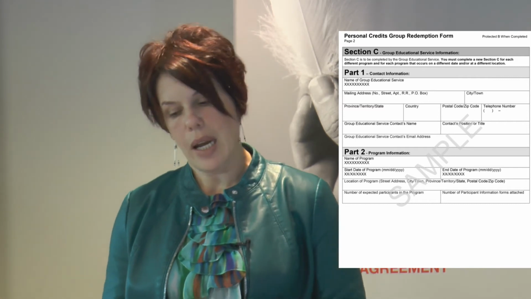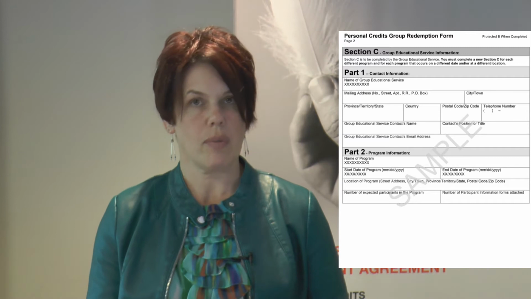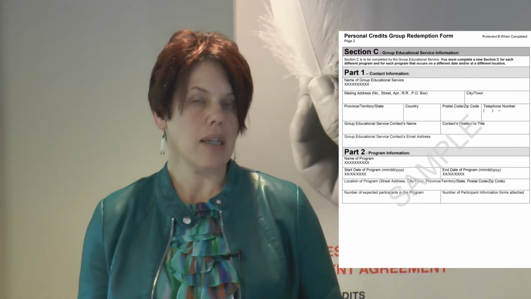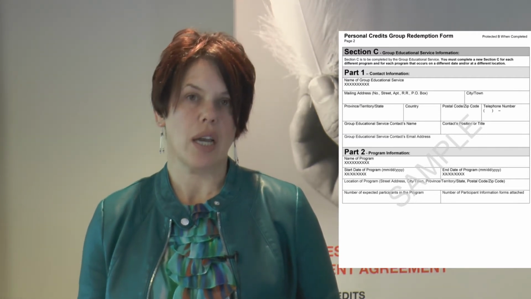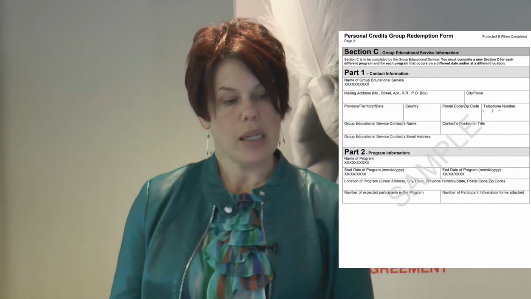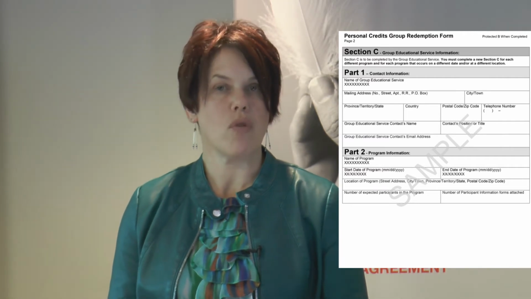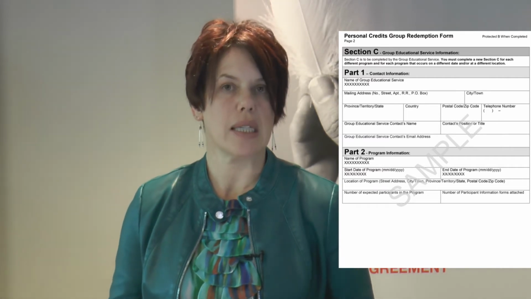Now, on the right-hand side of the form at the bottom, it says number of participant information forms attached. That number will change every time the redemption form is sent in, because you will be sending in different numbers of redemption forms as they come into your organization.